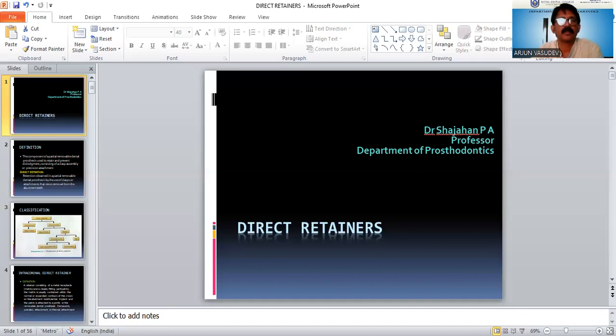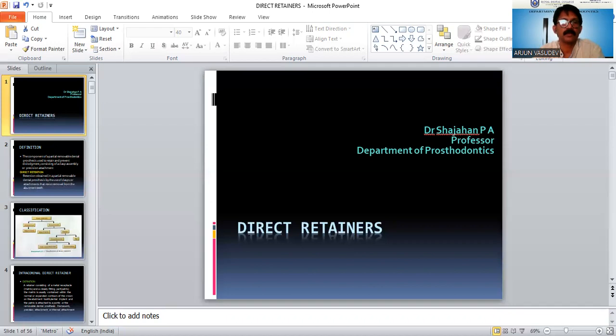Now we will look into the component parts of clasp assembly. A clasp assembly consists of a rest, the retentive arm. The retentive arm has three parts: retentive terminal, body, and shoulder, and reciprocal arm and minor connector.